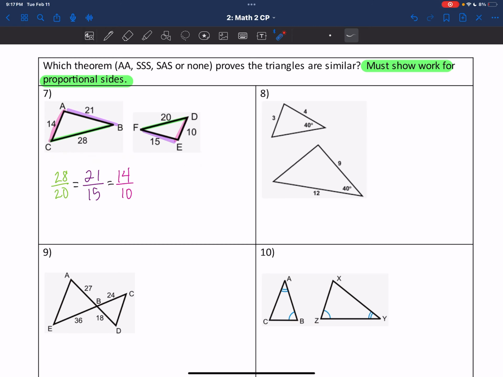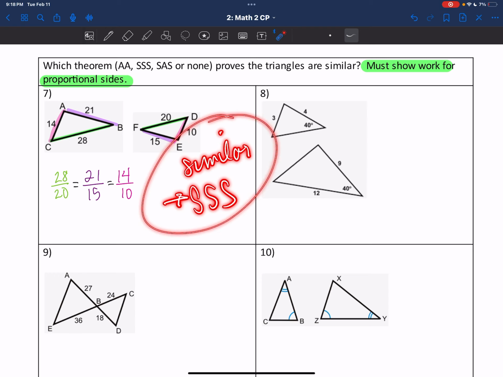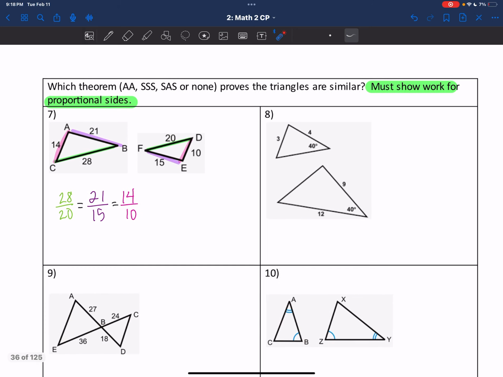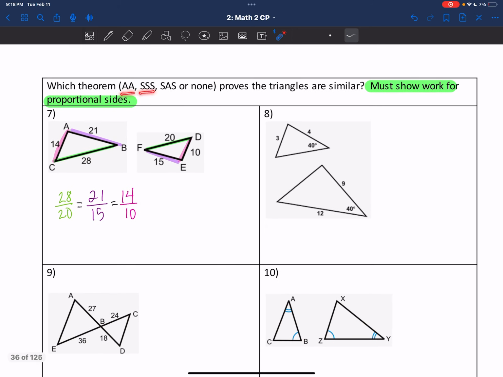All right, and then if this all simplifies to the same thing, so we know that this is similar because of side, side, side. All right, so you need to do 8, you need to do 9, and you need to do 10 by figuring out which ones it would be. So you have your options: angle, angle, side, side, side, side, angle, side, or none.